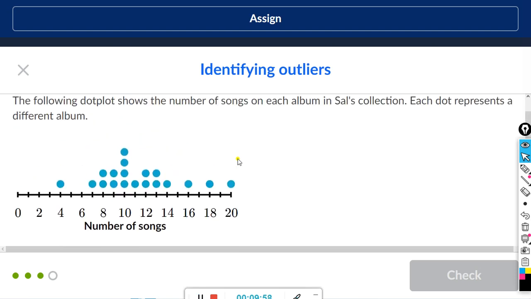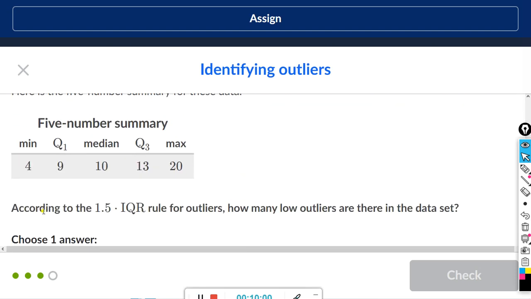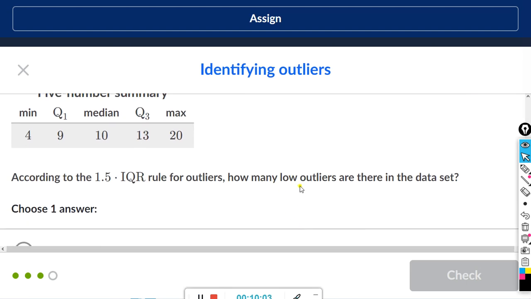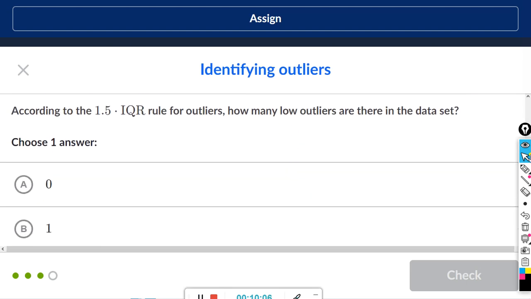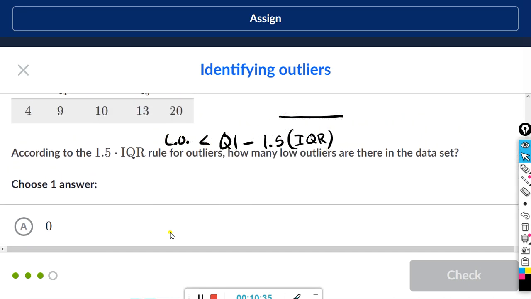Last one. It looks like the same dot plot. They always give the 5-number summary. They want us to find the low outliers. For the low outliers, it's Q1 minus 1.5 IQR, and the low outliers have to be less than that. Let's look at our chart.